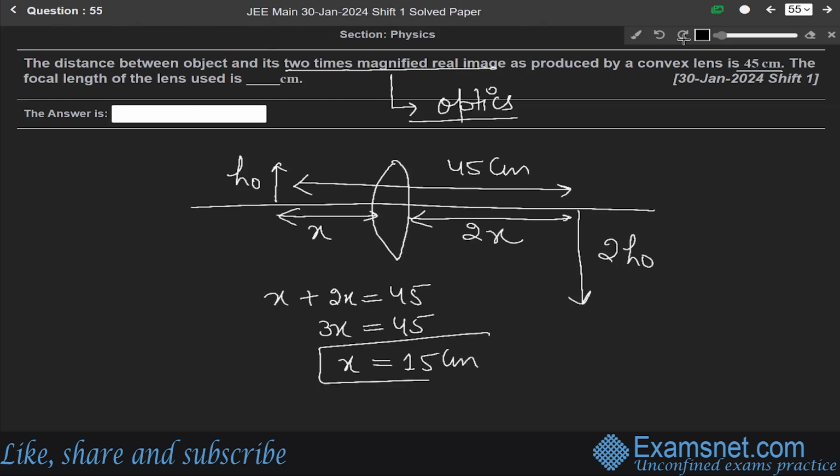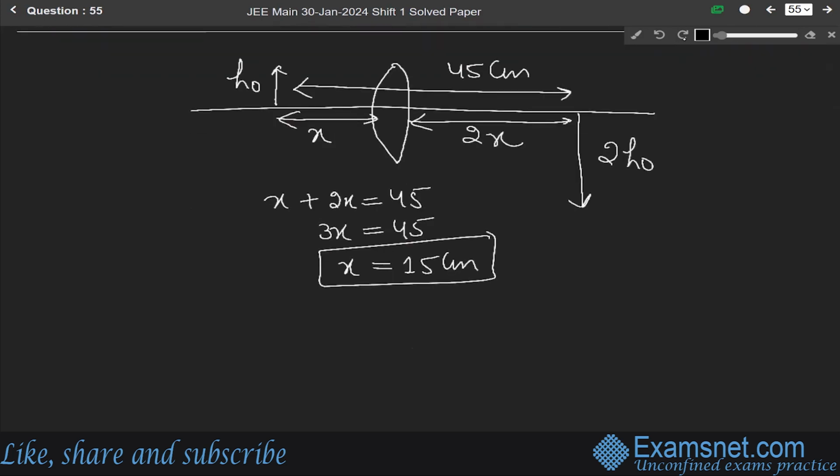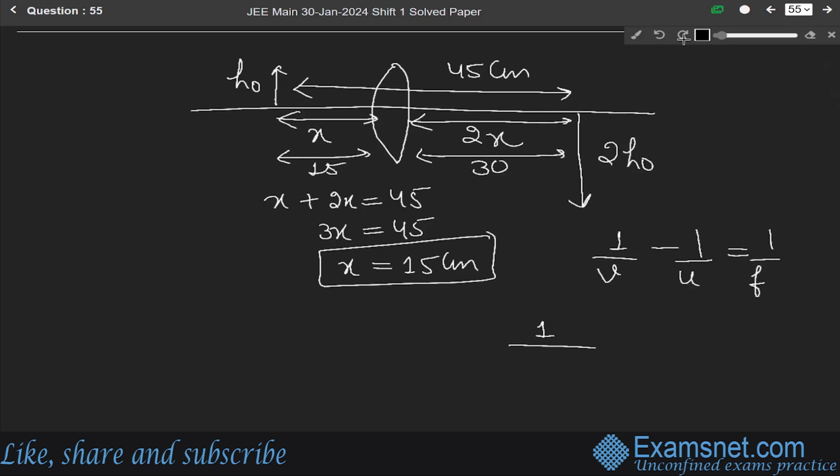Now using the formula 1 over v minus 1 over u is equal to 1 over f. So 1 over v means 1 over 2x, which is 30. So 1 over 30 minus 1 over u, and according to sign convention, u is minus 15.